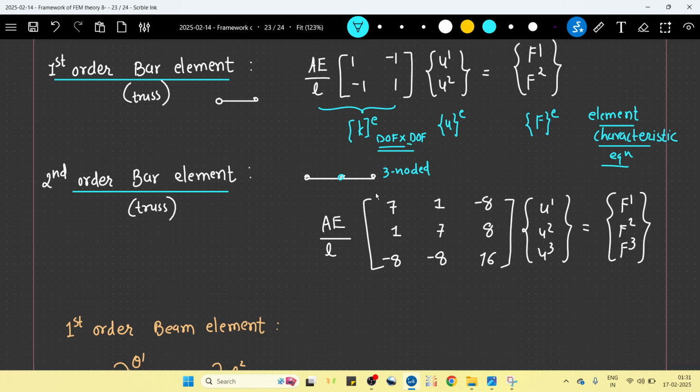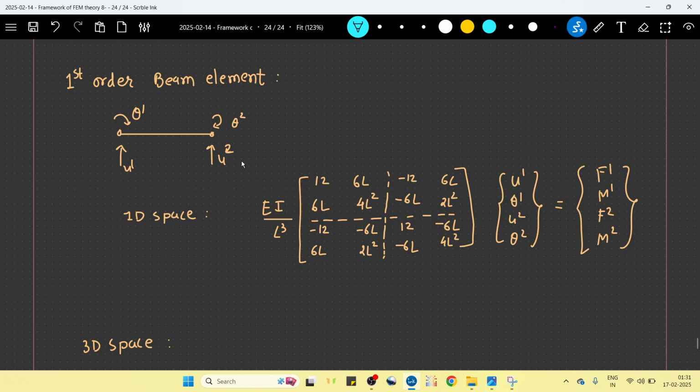It is a square matrix. So for the second order bar element, we said the degree of freedom in 1D space per element is 3, 1 degree of freedom for each node. So the K matrix is 3 by 3, the U matrix is 3 by 1 and the F force vector is 3 by 1.